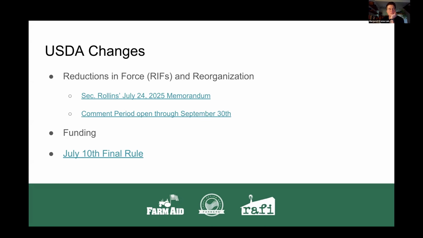And there have been many updates, many moving pieces with that, many lawsuits. Basically the administration froze funding for a large swath of federal grants and programs, pending review that those funds were meeting the administration's priorities. And they subsequently terminated a number of programs and grants.